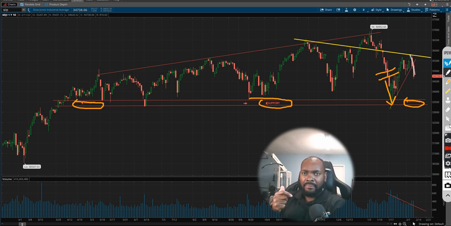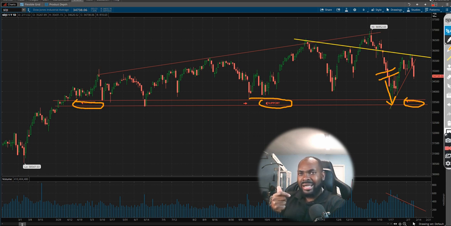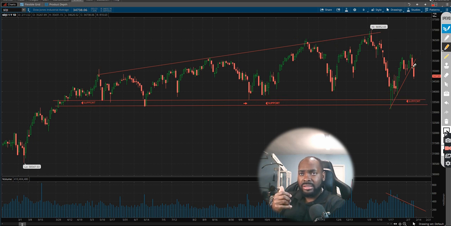So the way I'm looking at this right now is, I'm really just looking to see, is this thing going to continue pushing down and come back down into this support level, and at that point again I'm looking for this pattern to change.